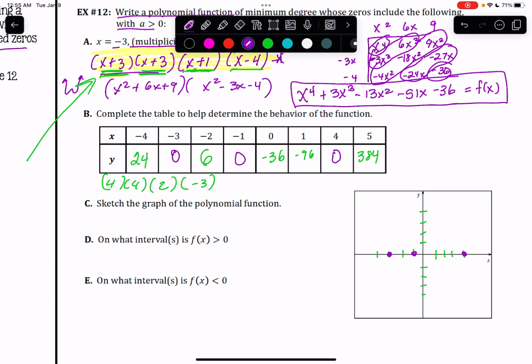Okay, now my multiplicity for -3 is 2, which means the graph just touches the x-axis. We already said it has to be this shape, so I have to come down and go through that zero.